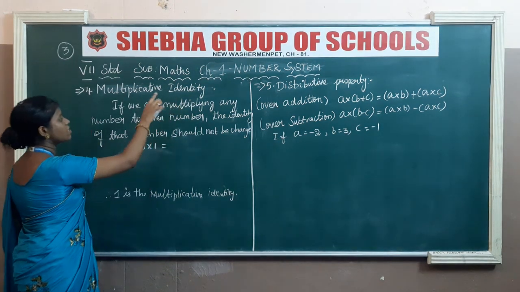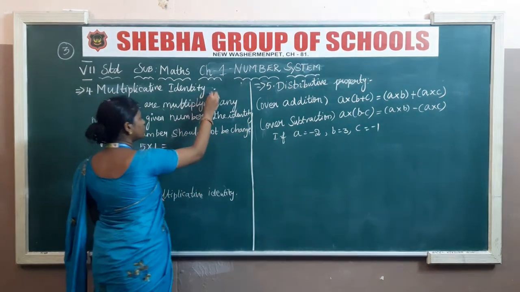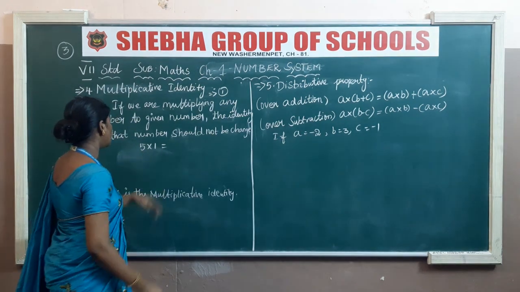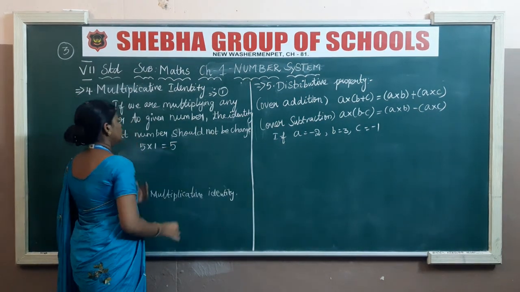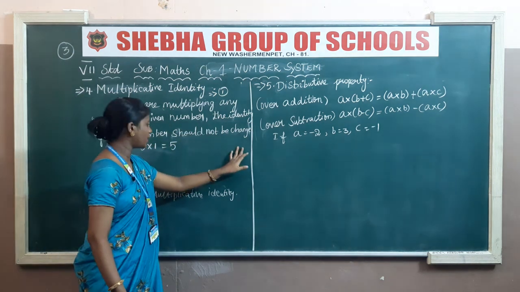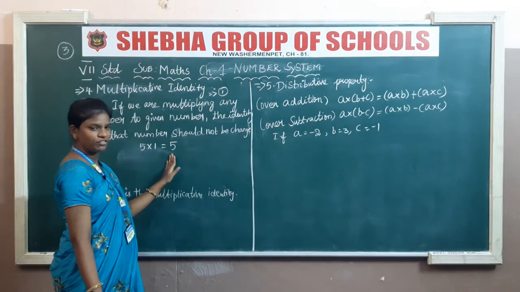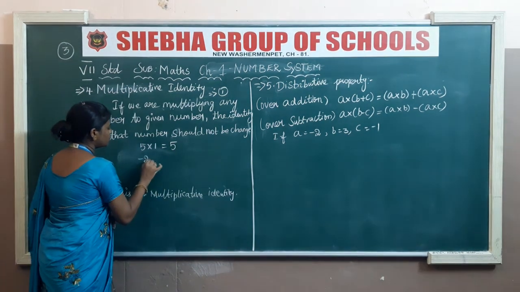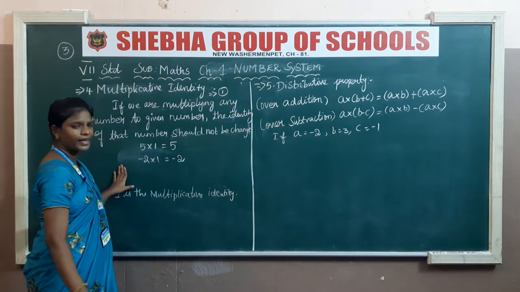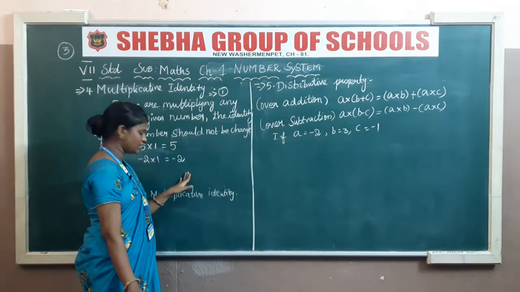The multiplicative identity means 1. So 5 into 1 is equal to 5, so the number should not be changed. Then minus 2 into 1 is equal to obviously minus 2.